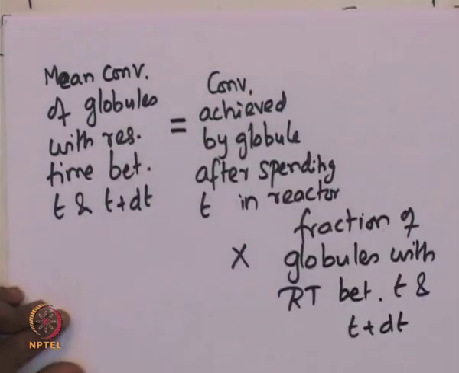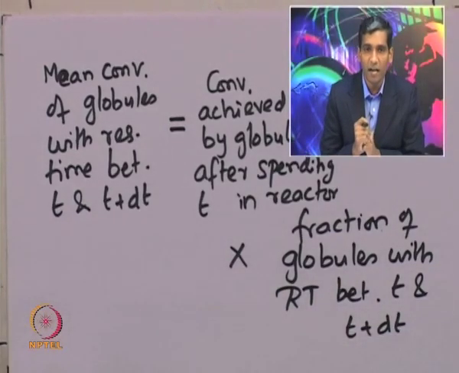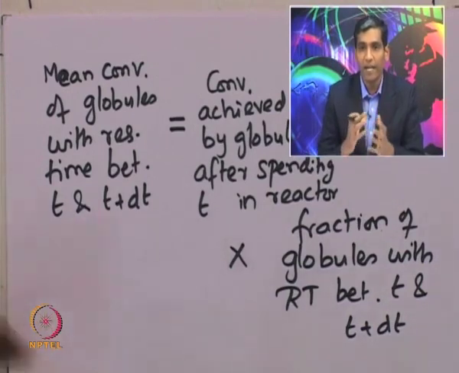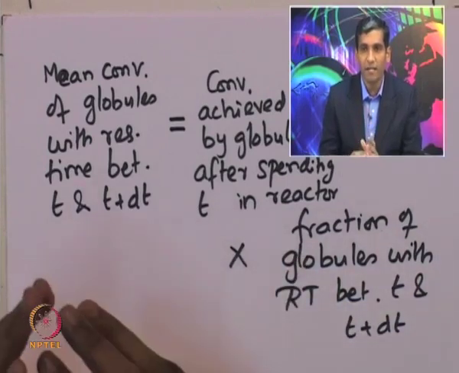That is the abstraction of how to get a mean conversion of globules with a certain residence time between t and t plus delta t: the conversion achieved by the globule after spending that time t inside the reactor, multiplied by the fraction of globules with that residence time.